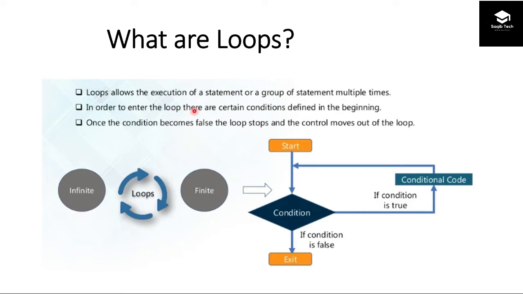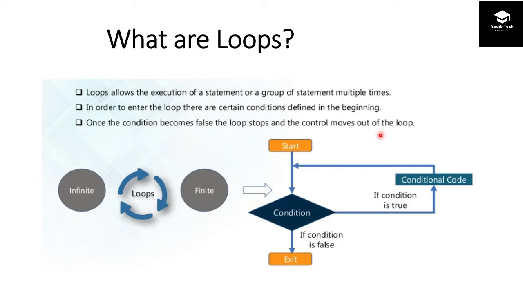Okay, in order to enter the loop, there are certain conditions defined in the beginning. For a loop you need some condition. What is the condition? A condition is the situation that defines where the loop should start and where it should end. For example, we are using it to solve the program to calculate the salary of 100 employees.